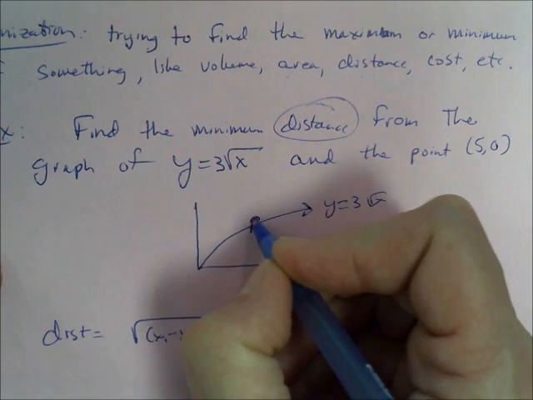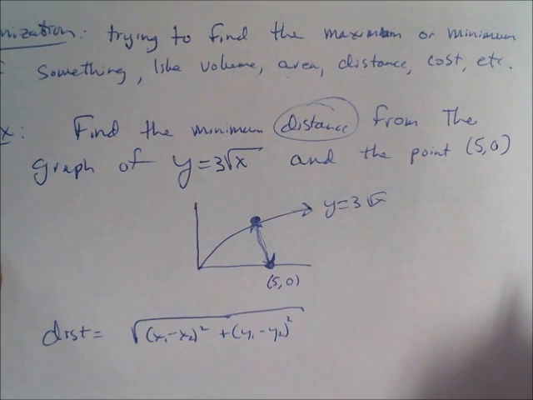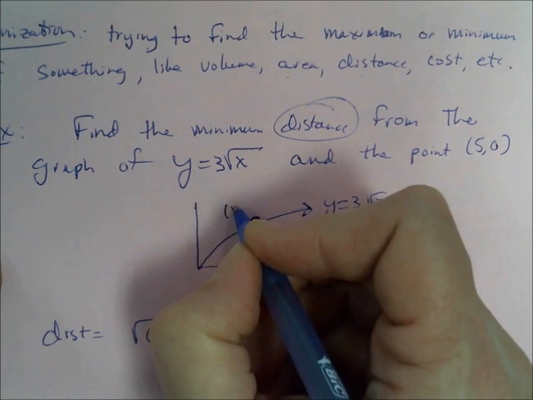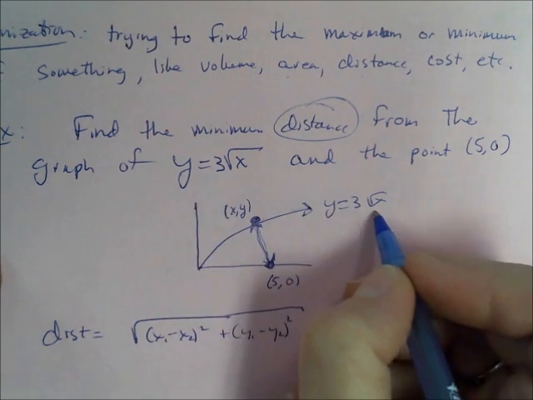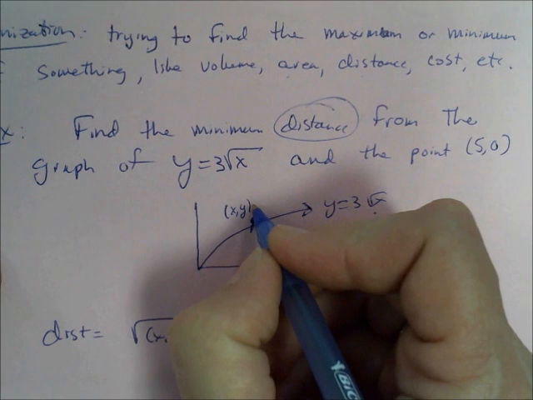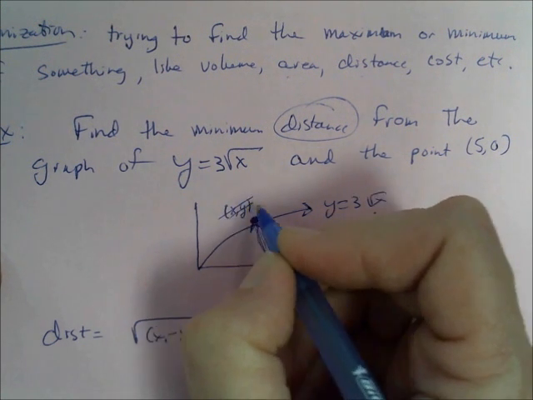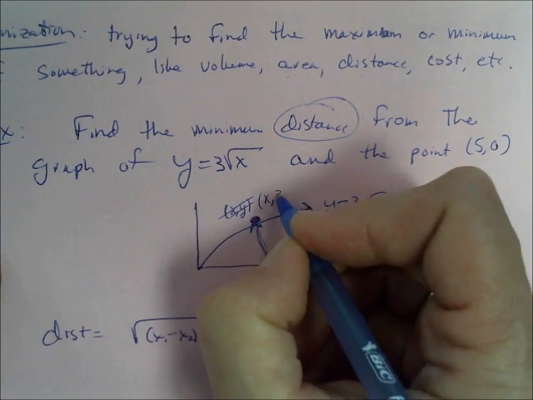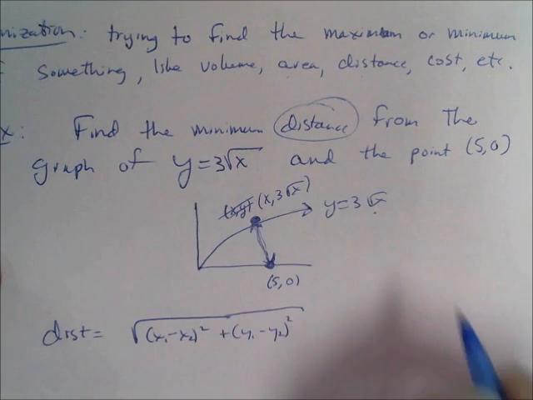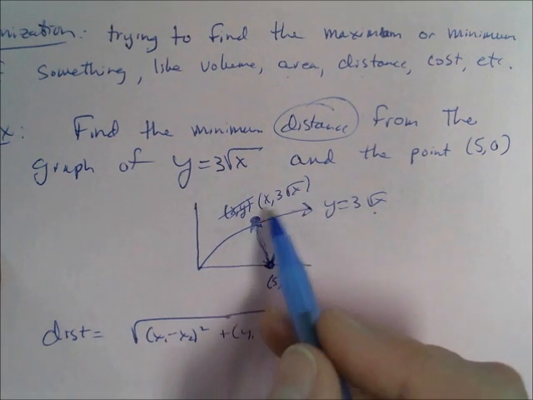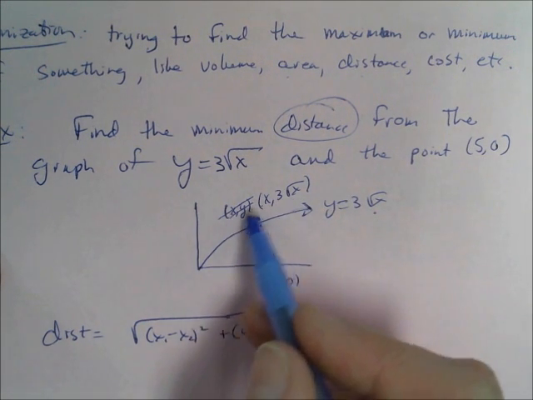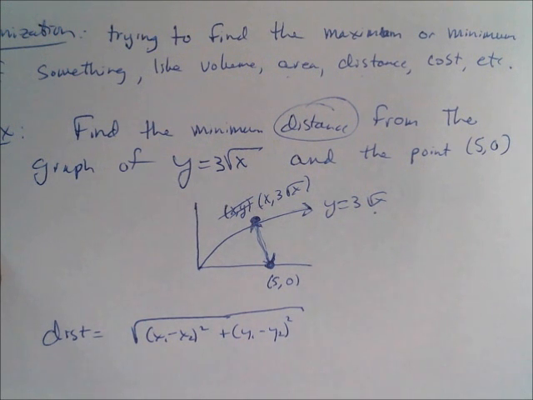So this point right here is just called (x, y), but y is equal to 3 square root of x, so what we can really call this is not (x, y), but (x, 3 square root of x), because that's what y is equal to. And then we have our whole problem in terms of only x, not x and y.